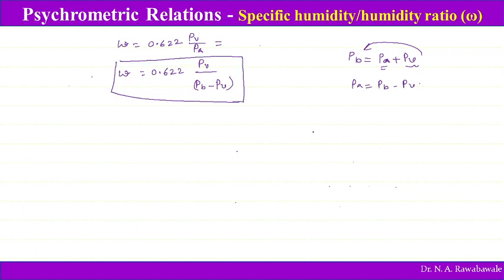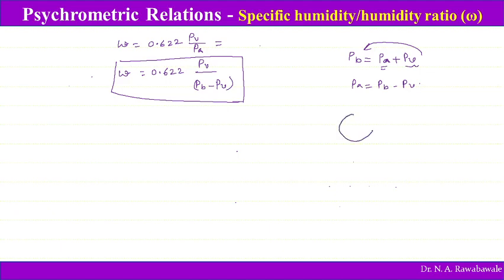So now one thing we can assume, here the partial pressure of vapor is known. As we have seen for the saturation limit of air, the water holding capacity of air depends on its temperature, and it has a fixed limit to hold water.